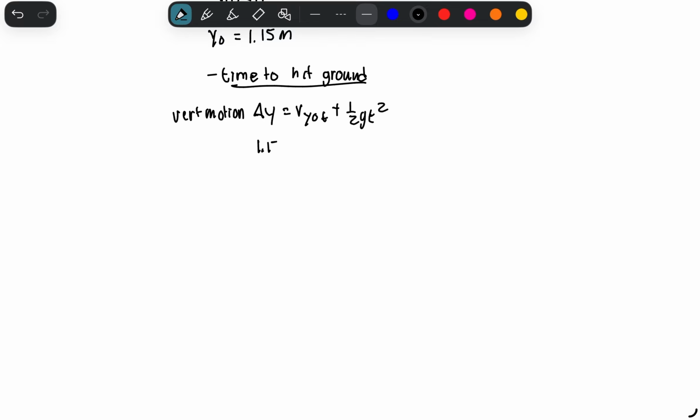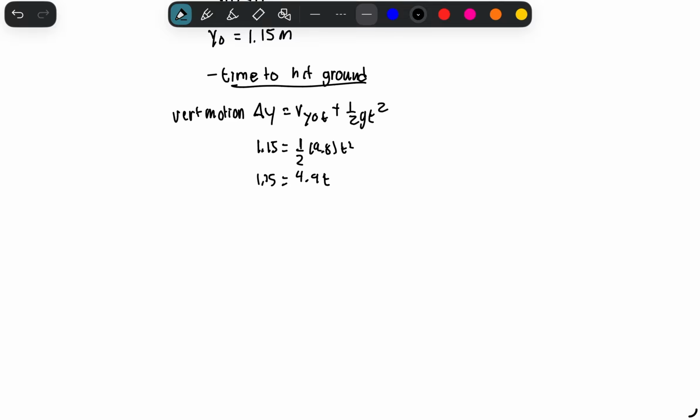And this is going to be 1.15, our change in y, because we know it went from the top of it to the bottom. So that's just 1.15 minus 0. So you have 1/2 times 9.8 t squared. That's equal to 4.9 t squared.